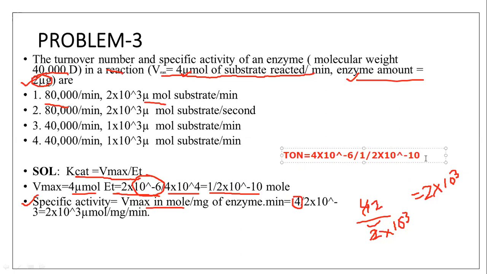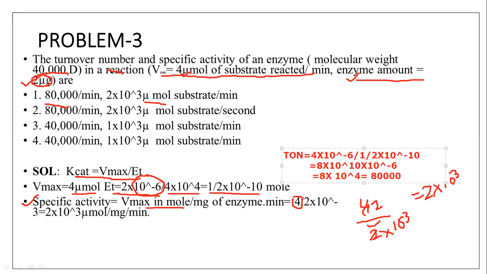So it will come to 4 into 2, which means 8 into 10 to the power 10 into 10 to the power minus 6, equal to 8 into 10 to the power 4, equal to 80,000 per minute.